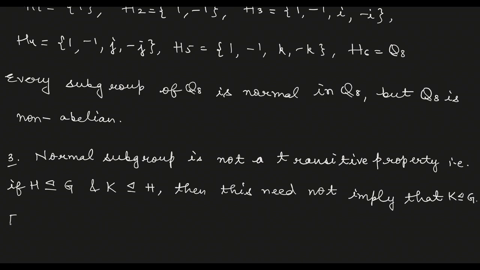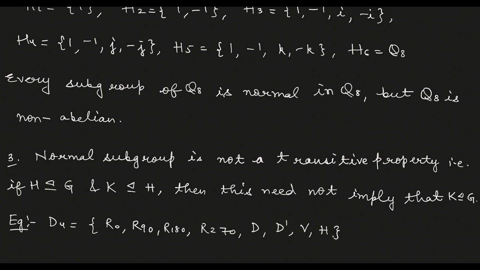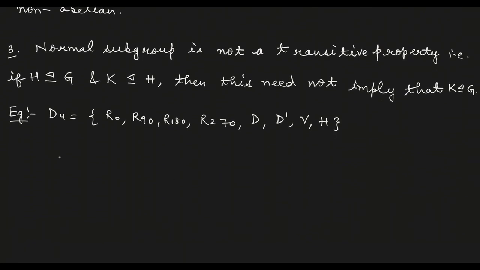For example, D4, which contains rotations R0, R90, R180, R270 and reflections D, D dash, V and H. Now N is equal to {R0, R180, V, H}.